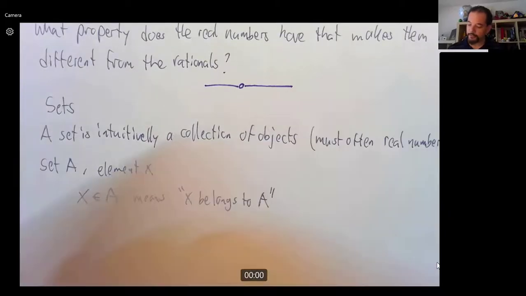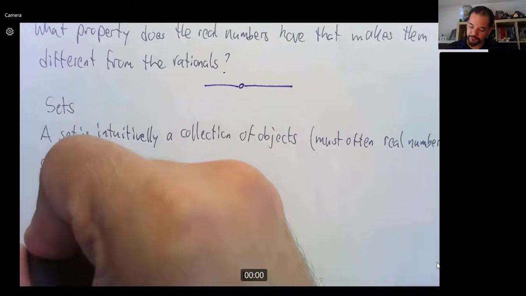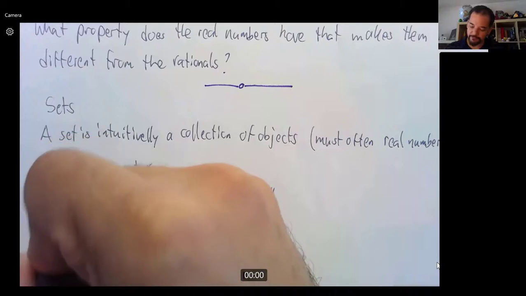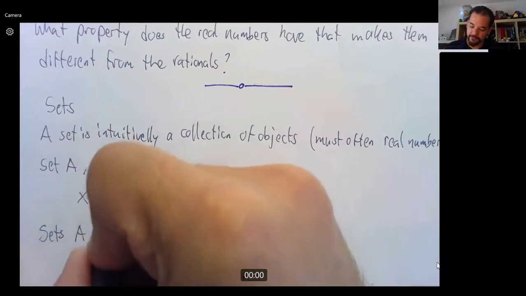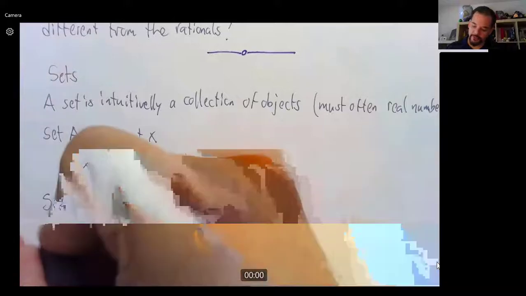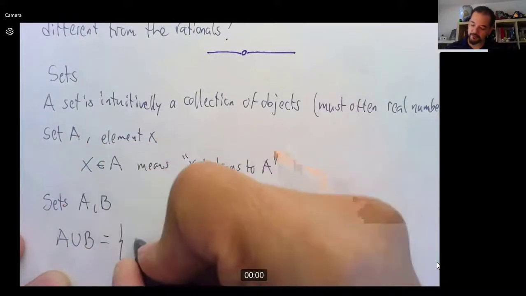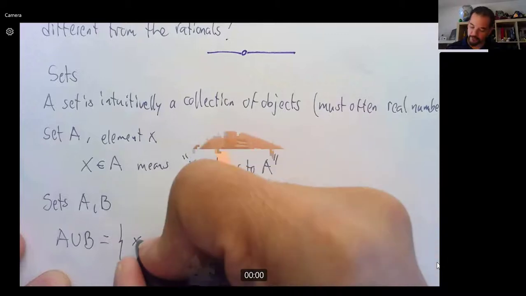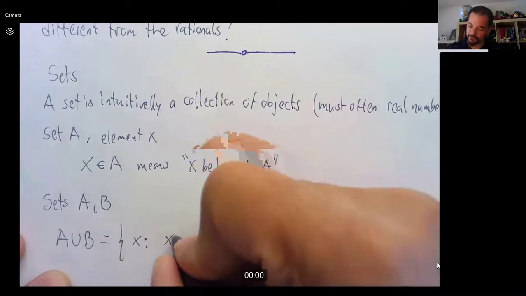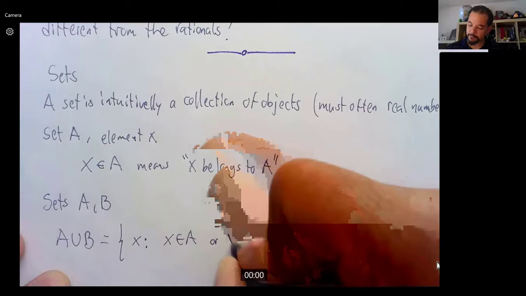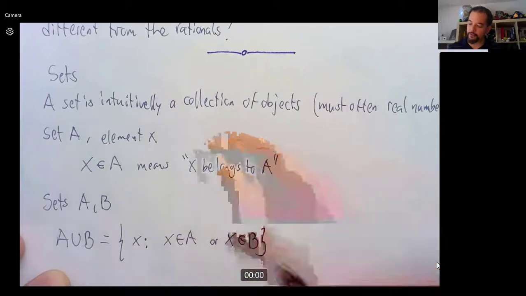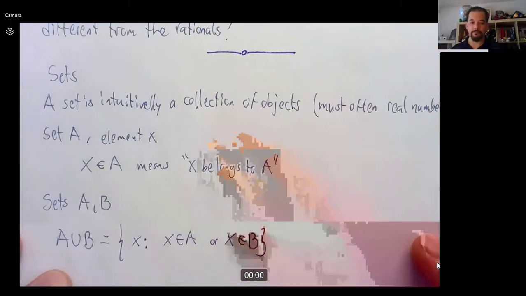Then we have some other operations. If we have two sets, we can look at things like the union. And the union is easy, it's just put all the elements together, right? Take all the x's that are either in A or in B. And if they belong to both, fine, just include them, right?